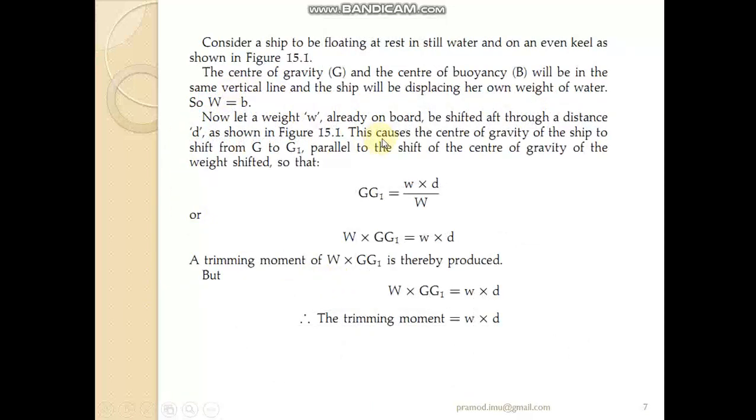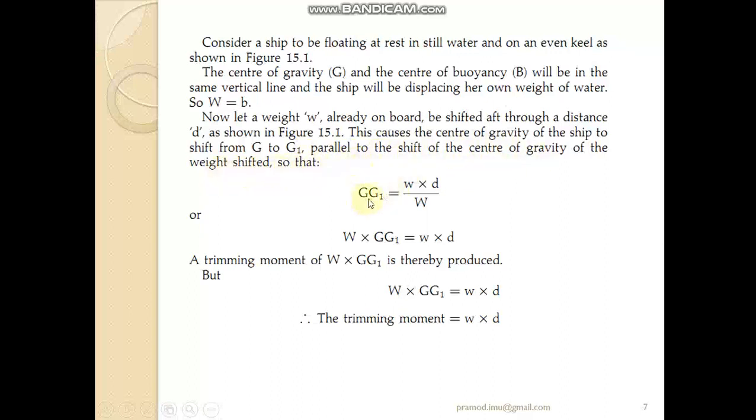Then this will cause a shift in the center of gravity of the ship from G to G1, and this shifting, as we have discussed in previous videos, will be parallel to the shift of the center of gravity of the weight shifted.